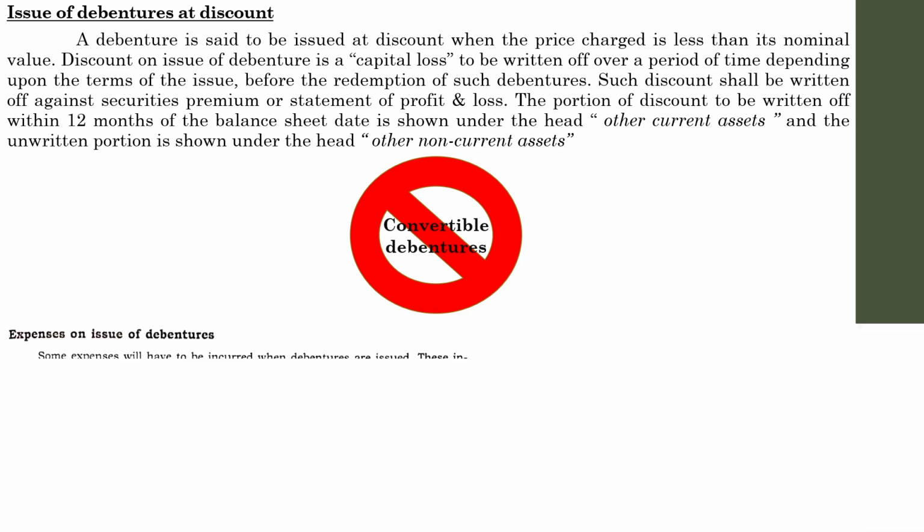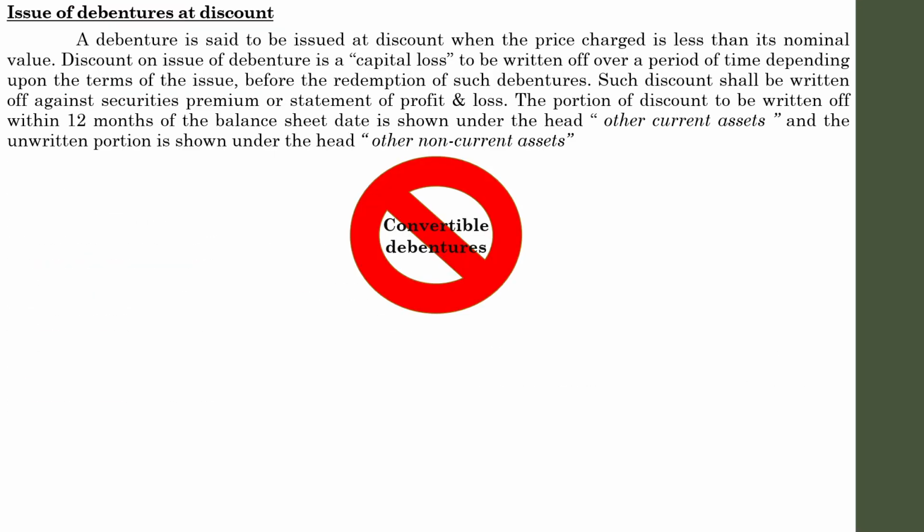And the discount amount may be adjusted along with application, or with allotment, or with any of the calls. And there are two sets of journal entries to be dealt with whenever debentures are issued at discount. We will discuss those journal entries during the practical case.